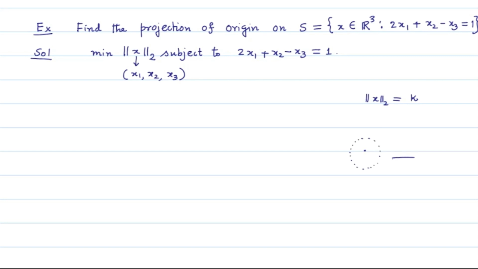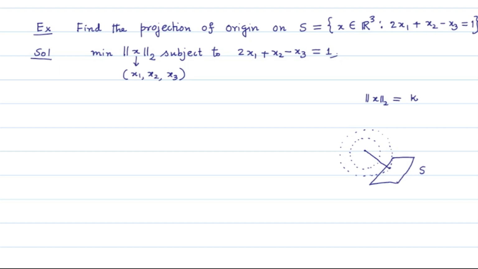If this is the location of the plane capital S, then the minimum value of norm x on this plane is obtained when the radius of the sphere is such that this sphere touches the plane capital S.